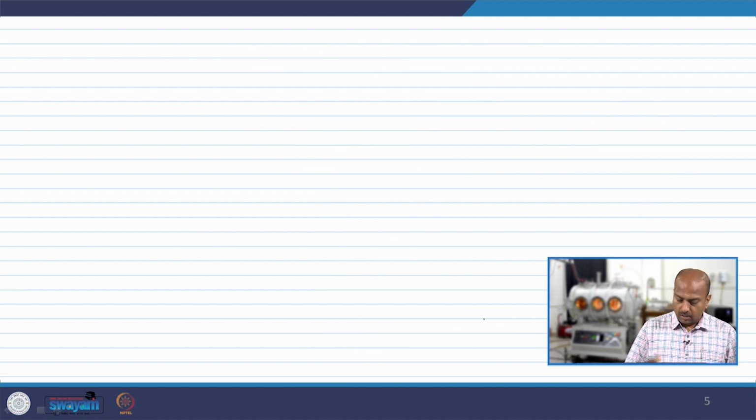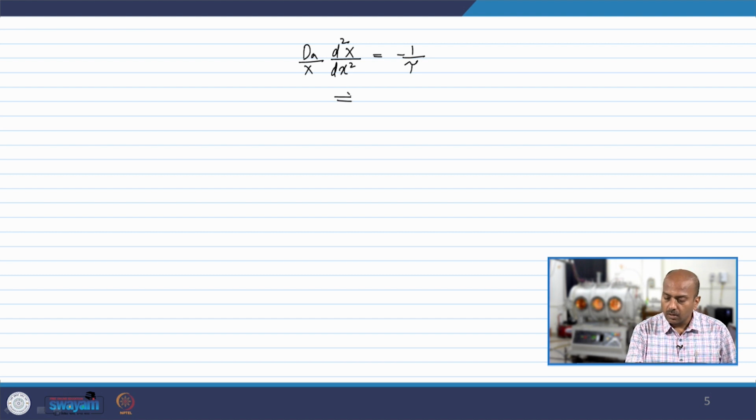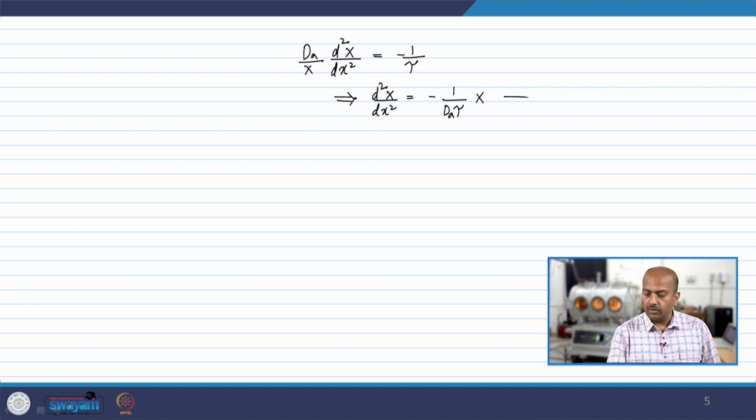And similarly, (1 by X) d square X by dx square should also be equal to minus 1 by tau, or d square X by dx square is minus 1 by tau times X, and let us call this equation number 8.